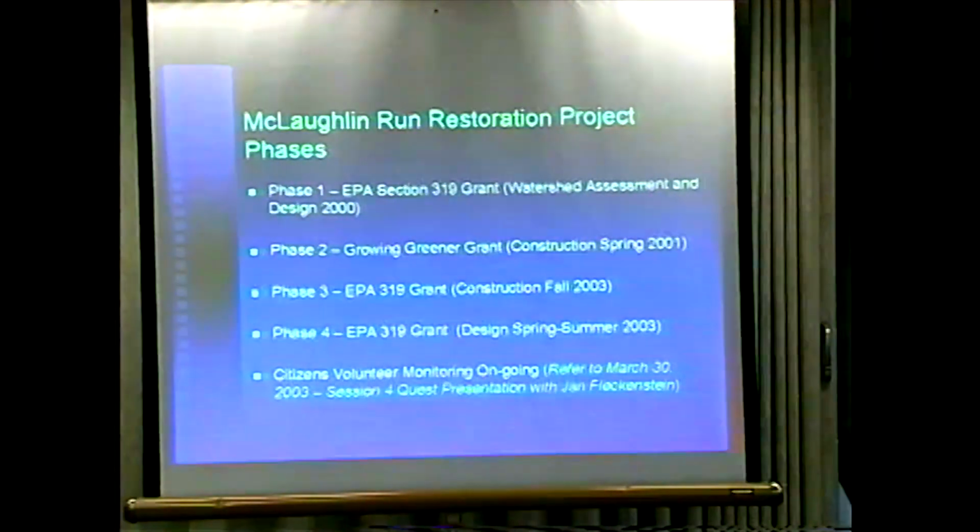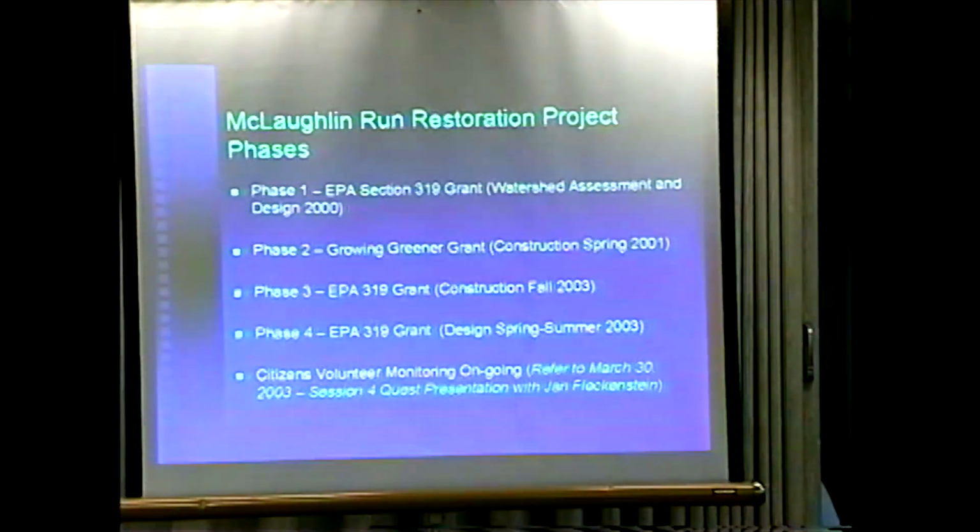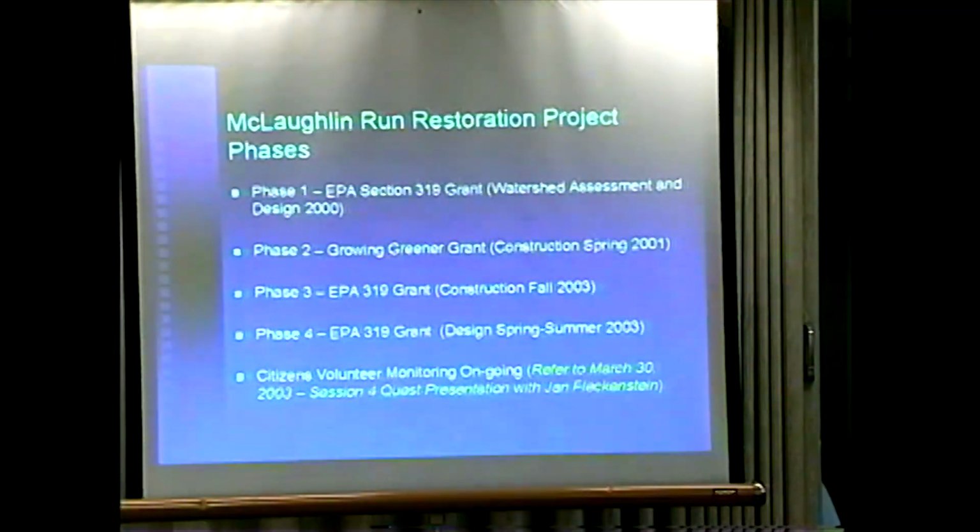The different phases. We've had 4 phases or have 4 phases. Phase 1 was an EPA grant, and that did the assessment and design. Phase 2 was for the construction of the 3-hole golf course area. Then we have Phase 3, which is also part of the 3-hole golf course area, but that's for construction this fall.